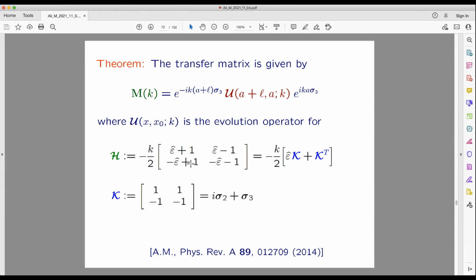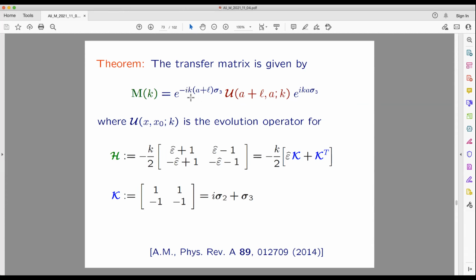So if you look at this as the Hamiltonian in the Schrodinger picture, then when epsilon is 1, you have no slab. Therefore, the free motion case is not H equal to 0, but it's exactly sigma 3. So you see in this expression, you have e to the ikx sigma 3 to the left and to the right. That's precisely how we define the S matrix in the interaction picture.